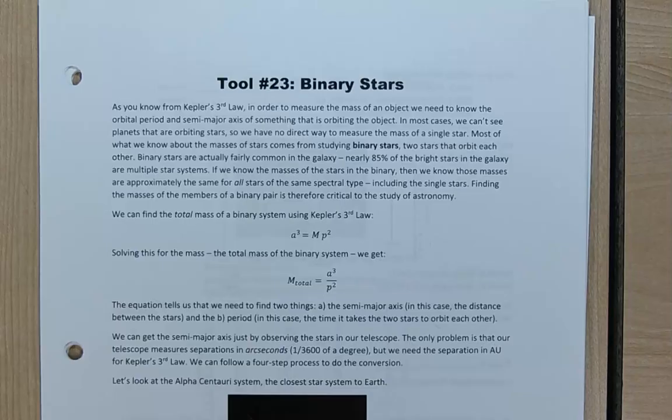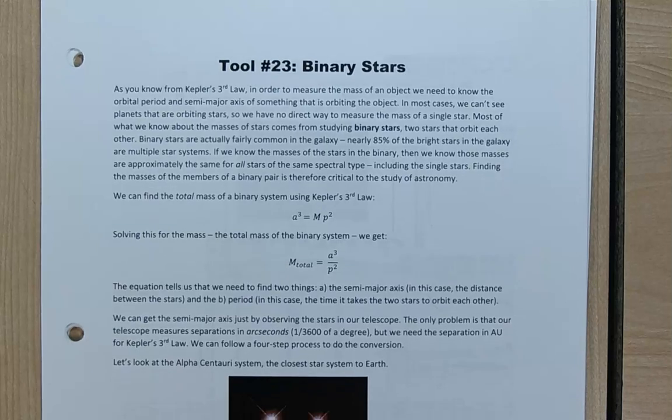Well, since you've already watched the lecture video and tried Tool 23 here, you've probably gotten the impression that this is complicated, right? Figuring out the properties of binary stars is tricky. It's a really slick trick, if you want to call it that. It's a really powerful technique for figuring out the properties of these two stars.